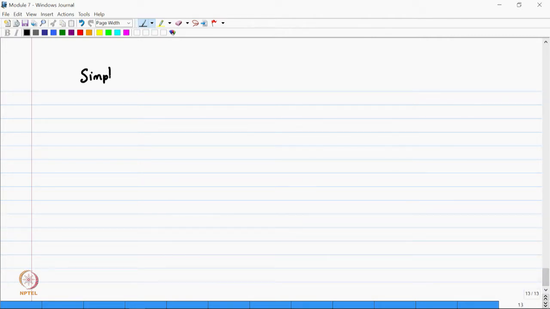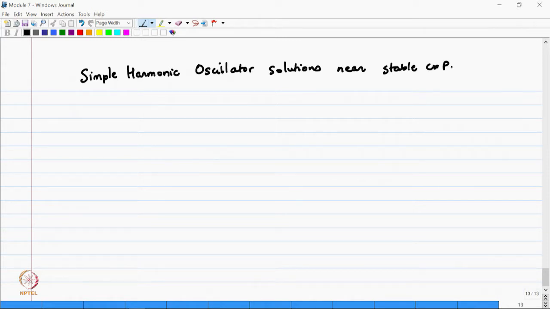The simple harmonic oscillator solutions near stable critical points have the feature that we can write this as half theta dot square minus omega square.